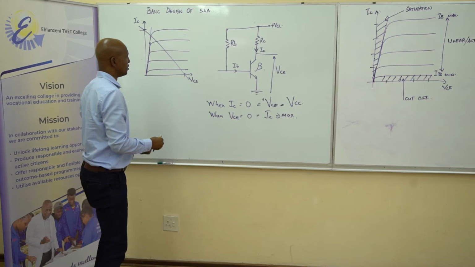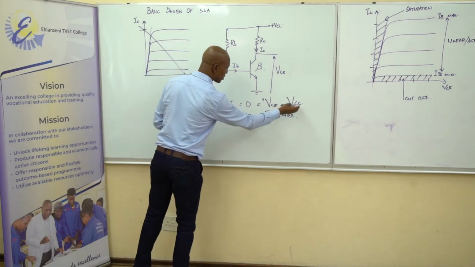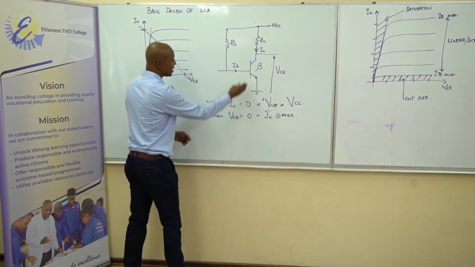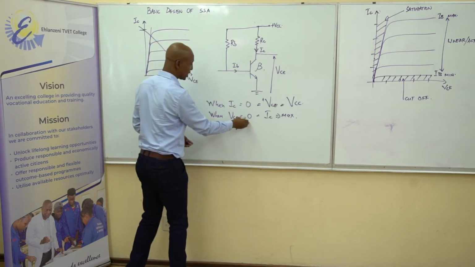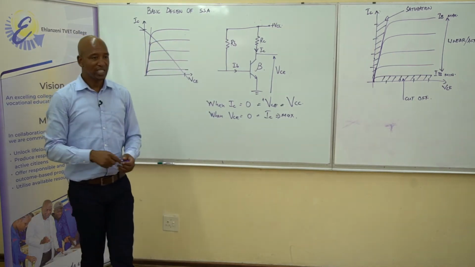So when IC is 0, VCE is equal to VCC. When VCE, the voltage across the collector and the emitter, is 0, IC is maximum. How do we determine the value?